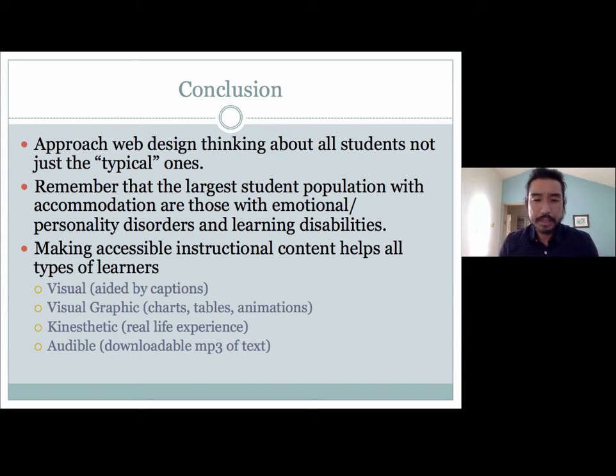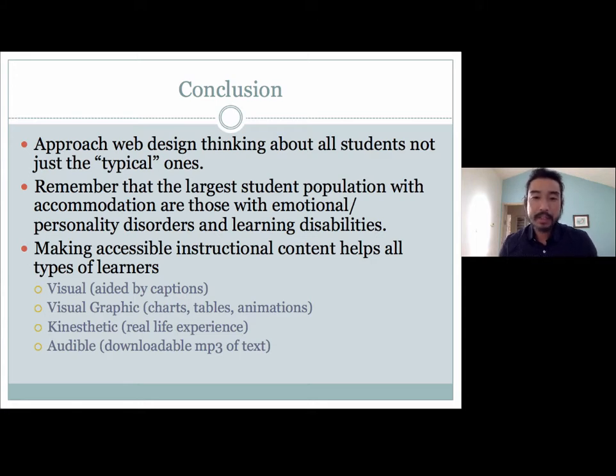Remember to use tables, charts, and graphics and animations, those types of things help visual graphic learners. Kinesthetic learners really benefit from real life experience. And audible learners are helped by having an option for a downloadable MP3 instead of text. They do well with video and audio files.